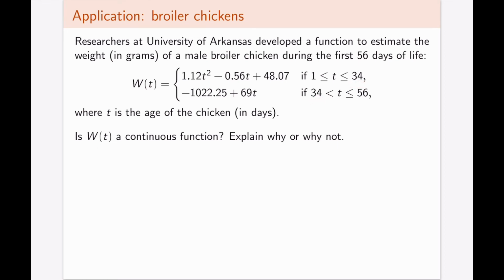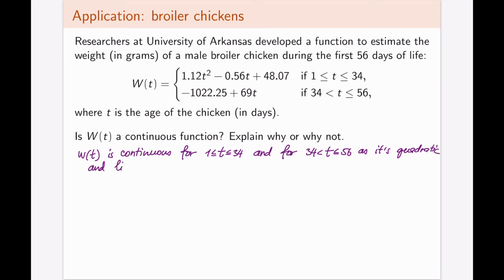And that is a very important observation to include, because as we noticed a couple of slides back, the function not being continuous itself somewhere might be the actual problem. So first we have to justify that W of t is continuous for 1 to 34 and for 34 to 56 as it's quadratic and linear there.